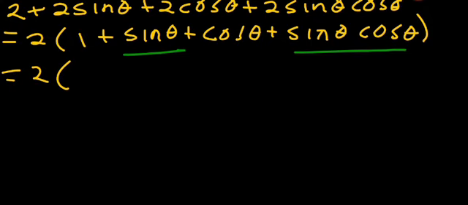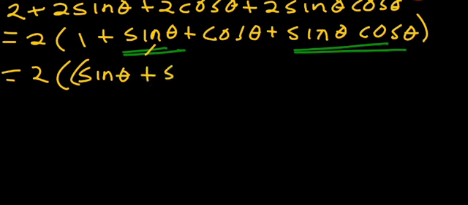We've got sine theta there, and there is also sine theta, so we're going to combine them together. So, bracket, sine theta, this one plus sine theta cos theta. Okay, like that.